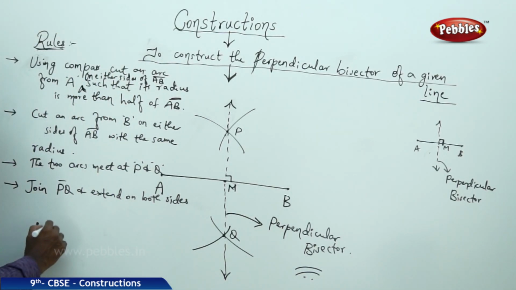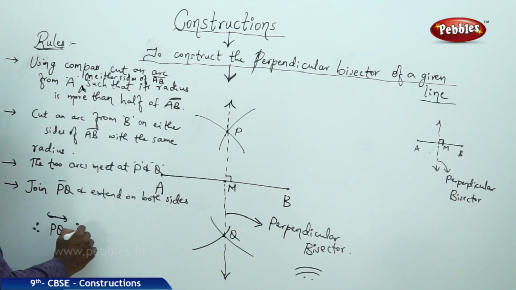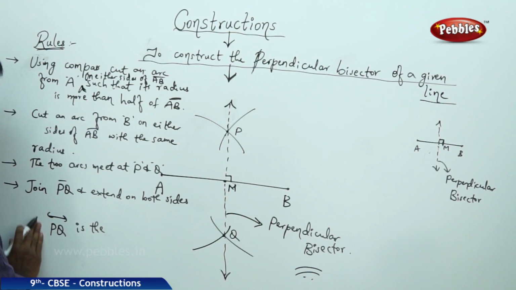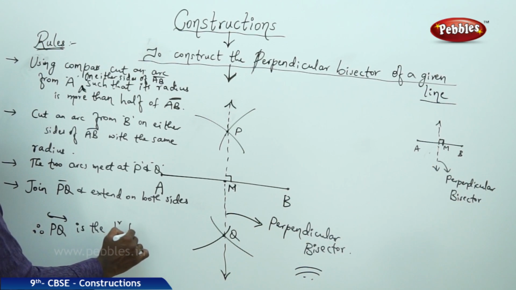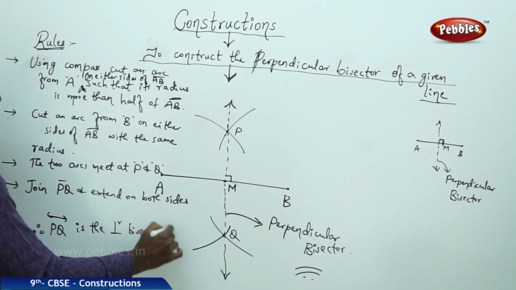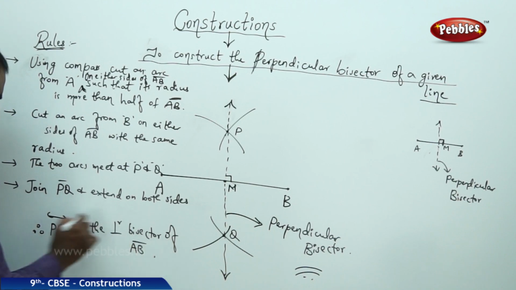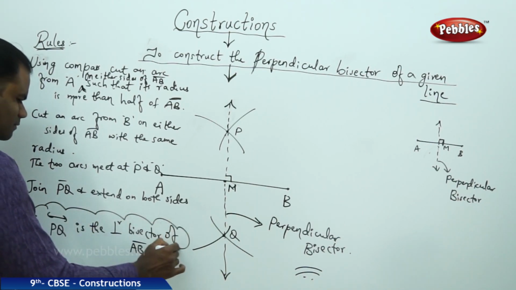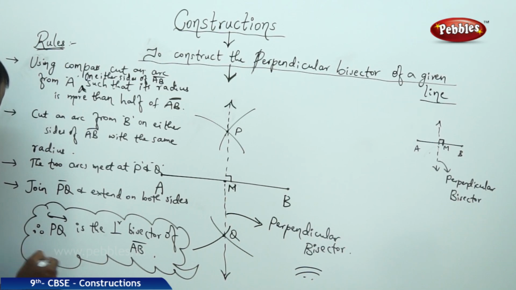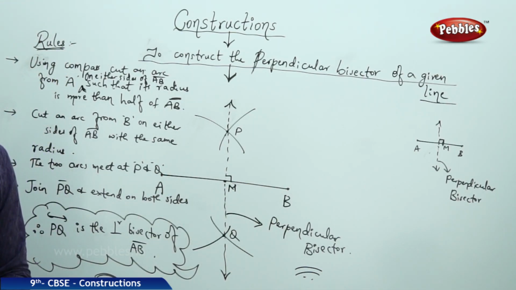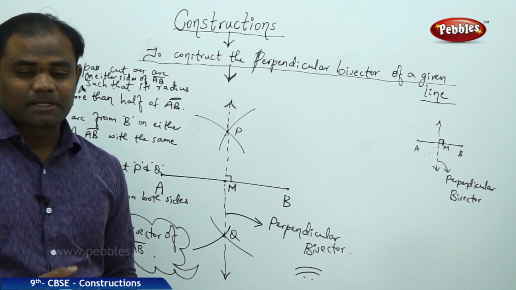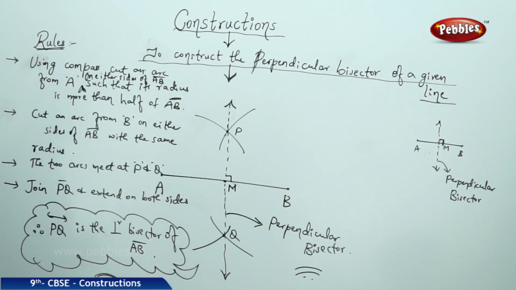Therefore, I observe that the line PQ as obtained is the perpendicular bisector of line AB. This is how we understand PQ being the perpendicular bisector of the line AB, constructed through the following rules.